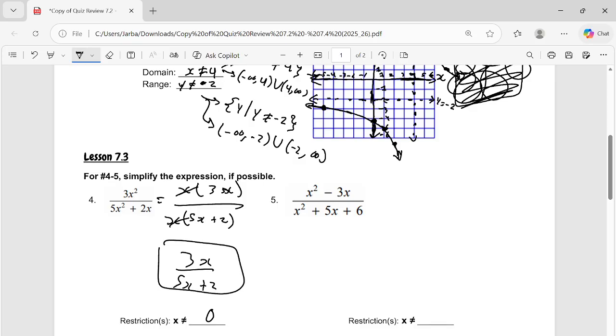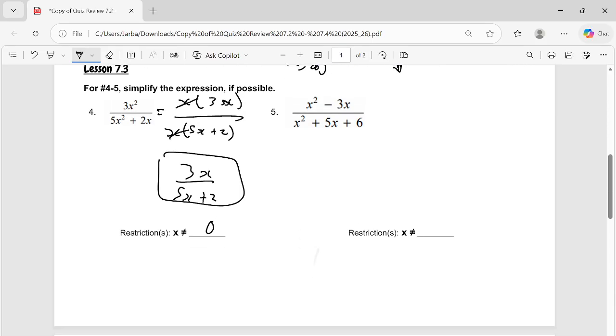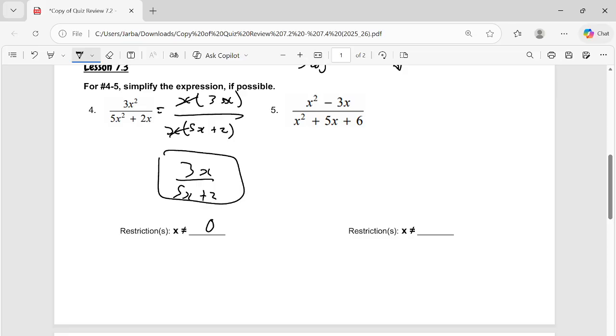That is the answer. The only reason why you need to list the restriction is, well, generally you only need to list it if you're canceling something out and then it's not left anymore. But it's always good to, even if you're not told to.